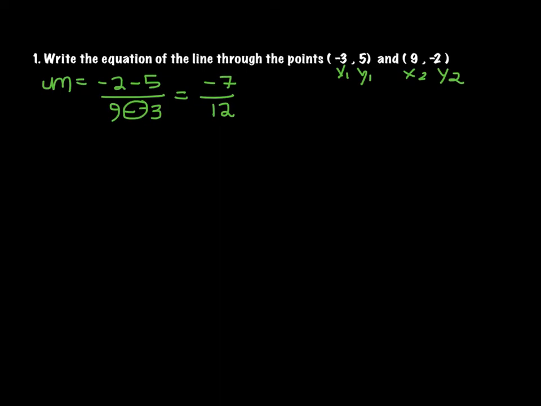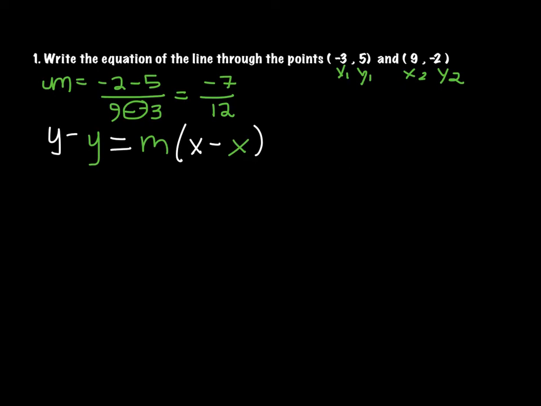Now, again, I have a point and a slope. I could use this point, I could use this point. It doesn't really matter. What matters is I'm going to put them into point-slope form. Y minus the y I'm given equals m that I'm given times x minus the x I'm given. And I'm going to plug them in.